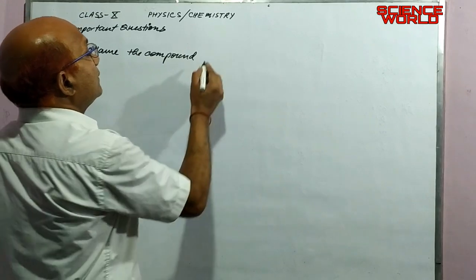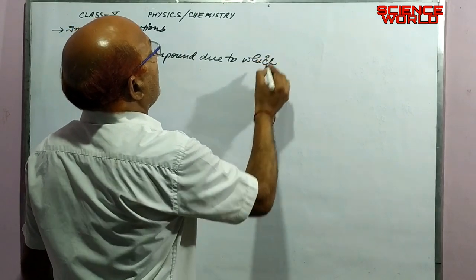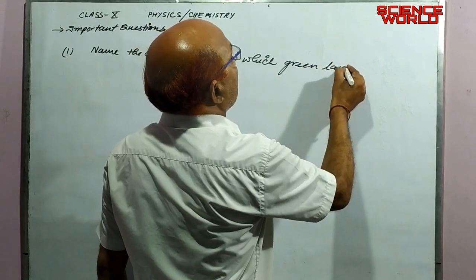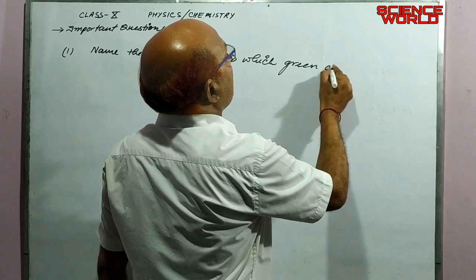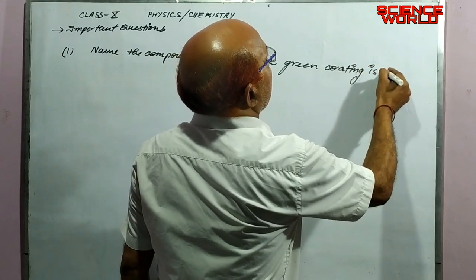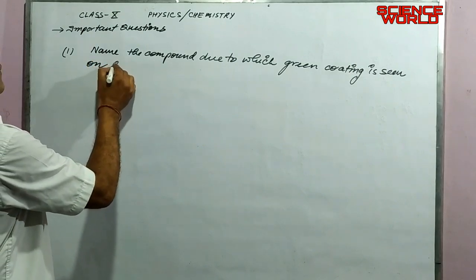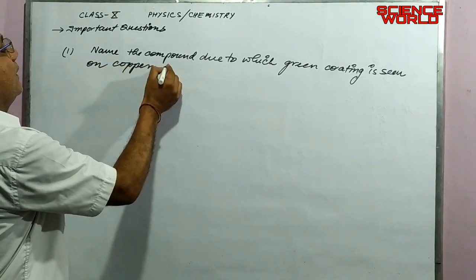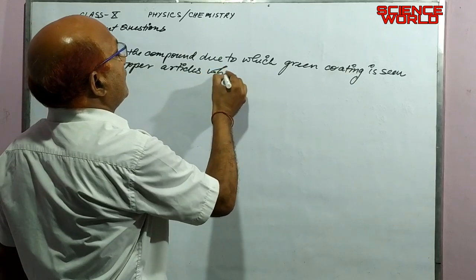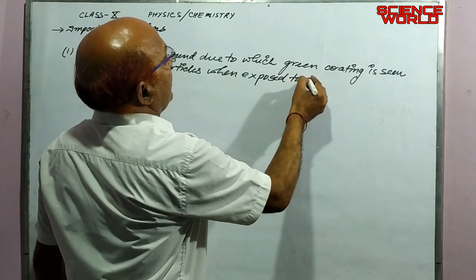Name the compound due to which green layer or green coating is seen on copper articles when exposed to air.